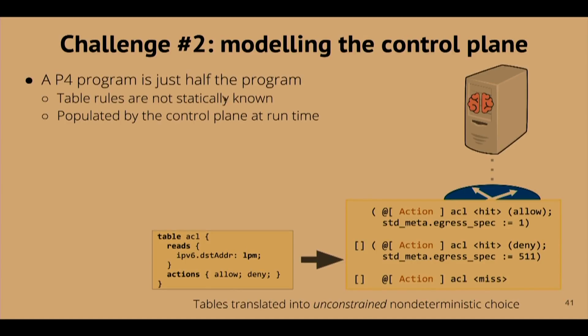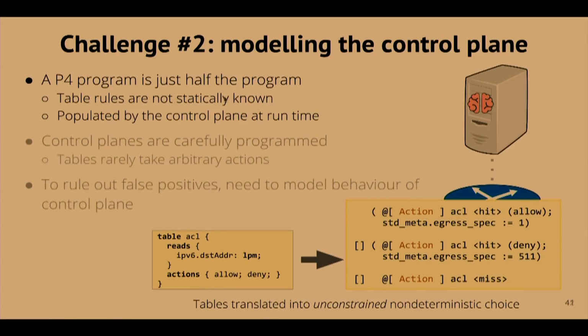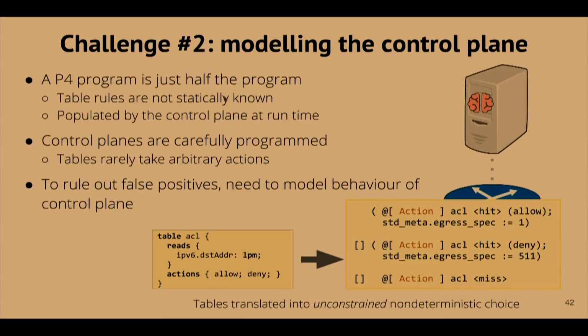For example, the ACL table is turned into a choice between the allow action, the deny action, and a table miss. But real control planes are carefully programmed, so tables rarely take arbitrary actions. So to rule out false positives, we need to model the behavior of the control plane.